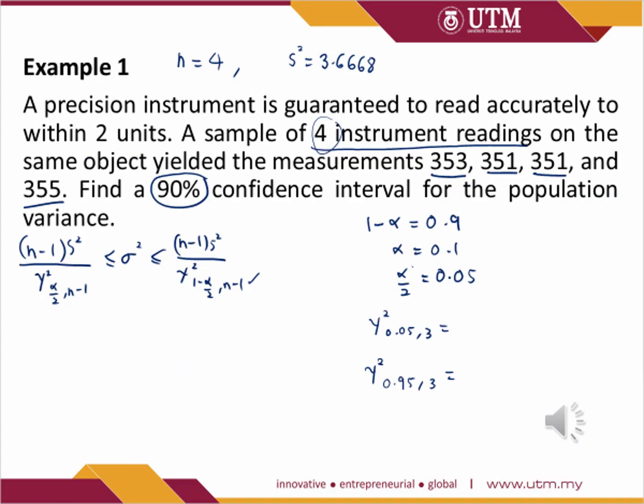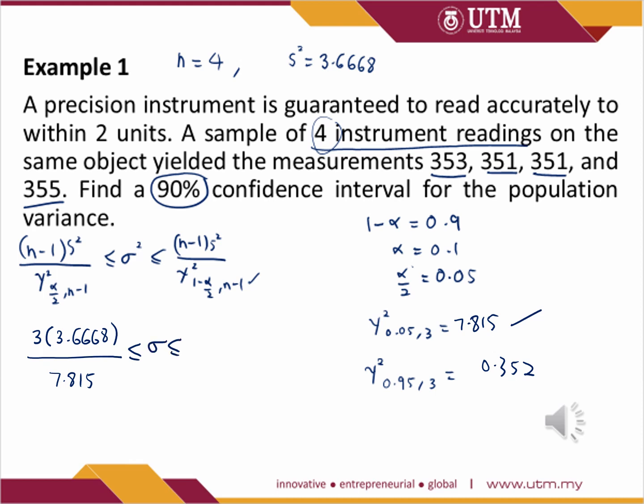So now given chi-square 0.05, 3 is equal to 7.815, and for 0.95, 3 it is 0.352. Now we have all this information, so you can just put the values into this formula. n minus 1 would be 3, times s squared, 3.668, divided by chi-square alpha over 2, which is 7.815.